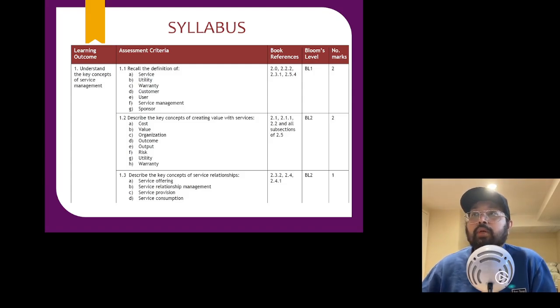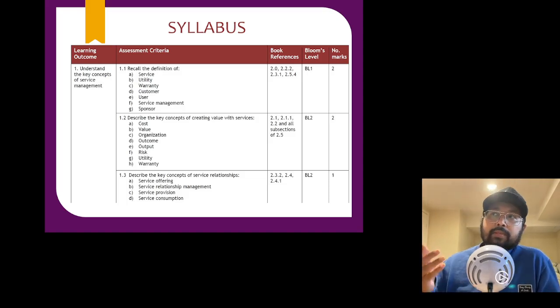If you go to the reference number in the original book, you will see a topic under 2.0 that is related to service, utility, warranty, or customer, something like that. In the fourth column we can see Bloom's level BL1, and then Bloom's BL2, and the fifth column shows the marks distributed for these topics. I will discuss what Bloom's level is in the next slides.